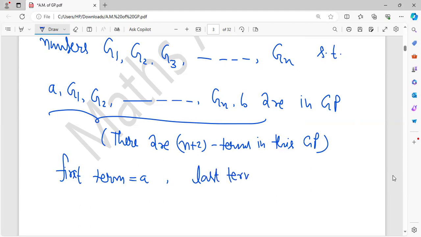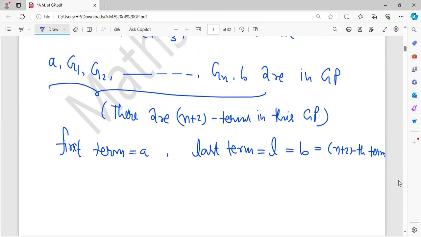Last term L is equal to B, and that is the n plus 2 term. Let's say common ratio is R. We need to find the common ratio here because we do not know it. If we know the value of common ratio, then we will be able to find the values of G1, G2, G3, Gn.